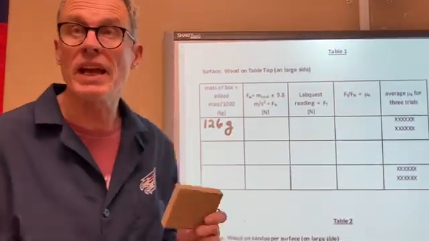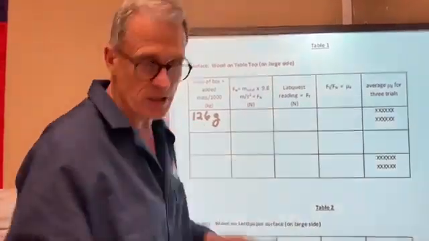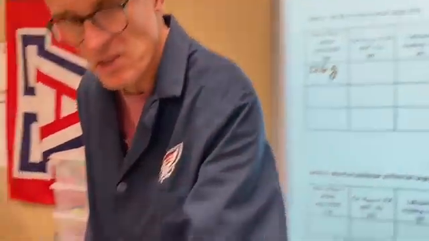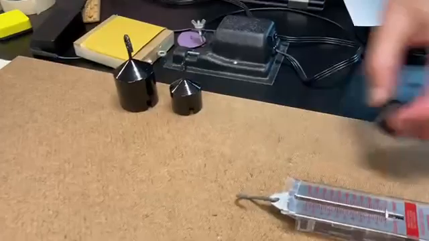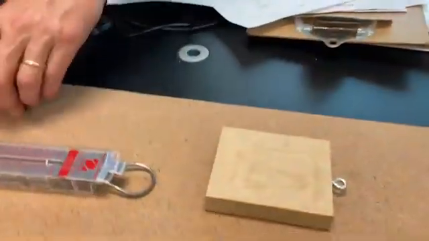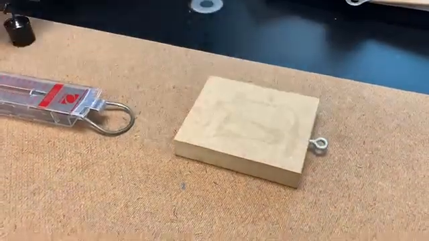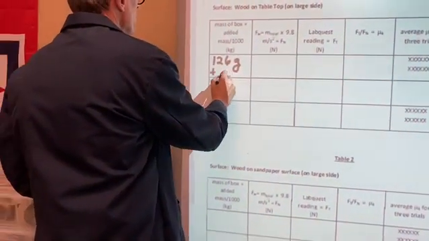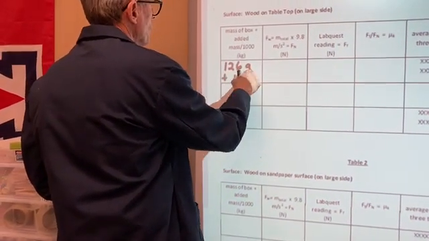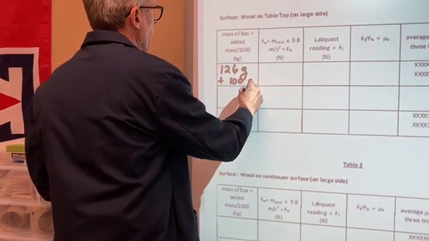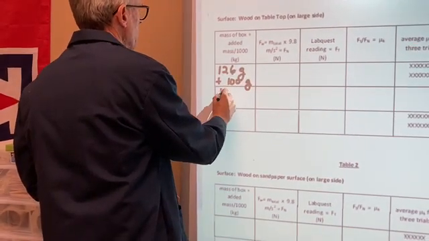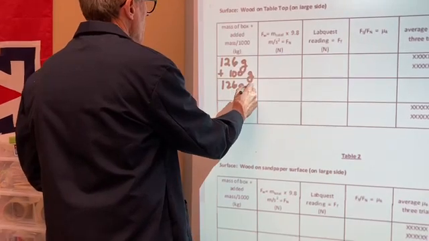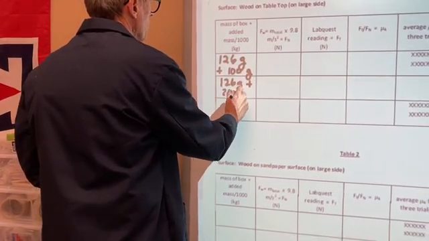I'm going to do 3 cases. I'm going to add to this box 3 different masses. 100 grams, and you can see that on here, it says 100 grams. I'm going to add a 100 gram case, a 200 gram case, and a 500 gram case. So my first case will be 126 gram box plus 100 gram weight. The second will be 126 grams plus a 200 gram weight.